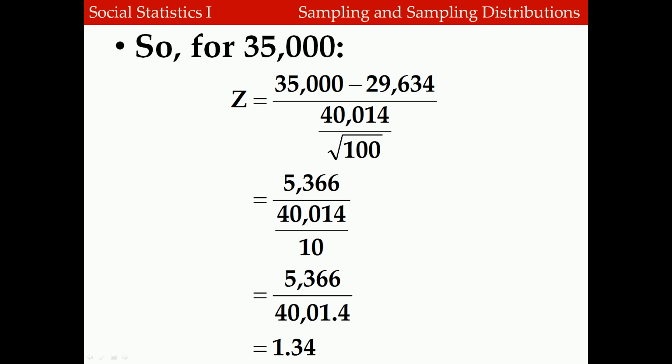What about the z-score for 35,000? Well, if we take 35,000 and subtract the mean, 29,634, and divide that by the standard error, or 40,014 divided by the square root of 100, we get 1.34. And so that tells us that 35 is 1.34 standard errors above the mean. And we have to find the area under the normal curve corresponding to this.